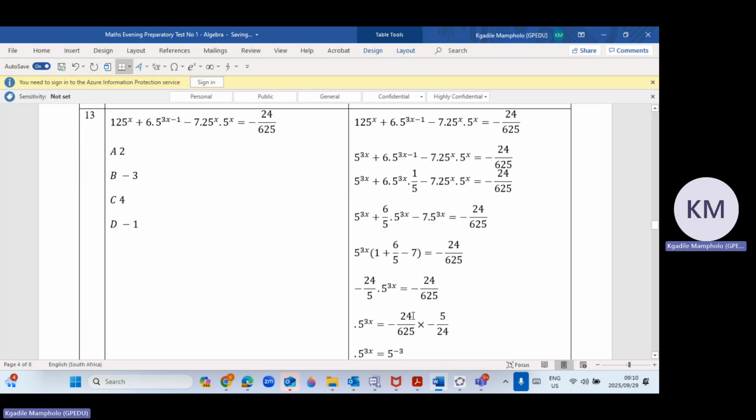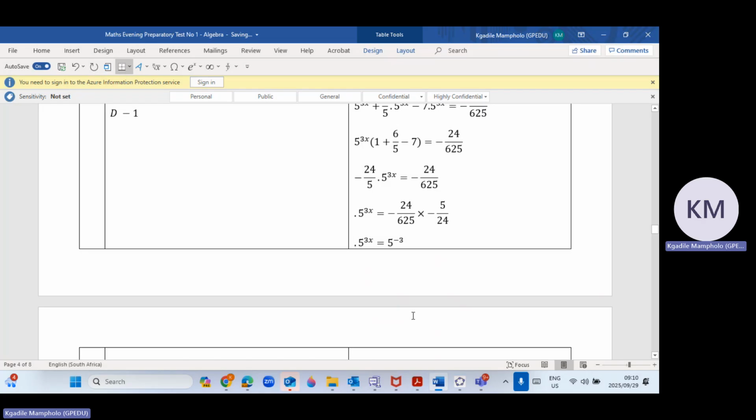Then when you take the multiplicative inverse of -24 over 5, it will be -5 over 24. Then let's move this here. Then the answer will be 1 over 125, which is 5 to the power -3.